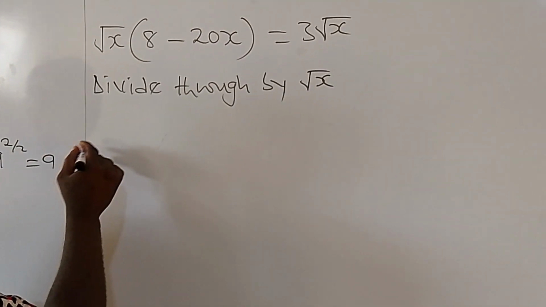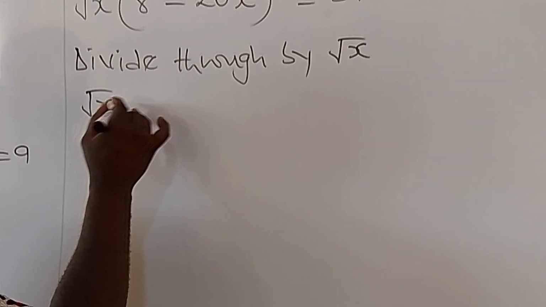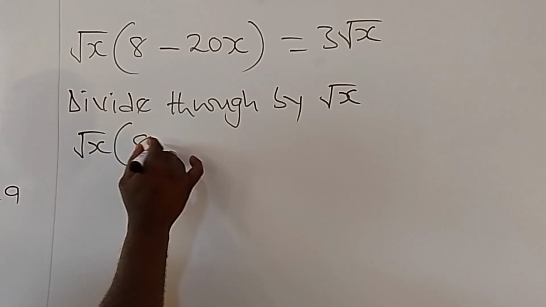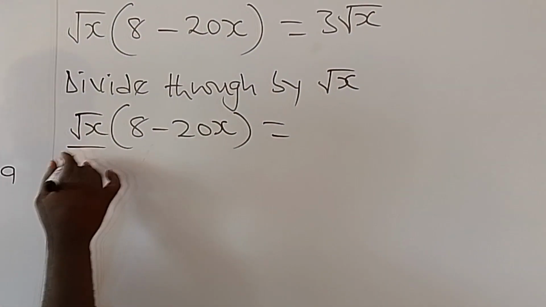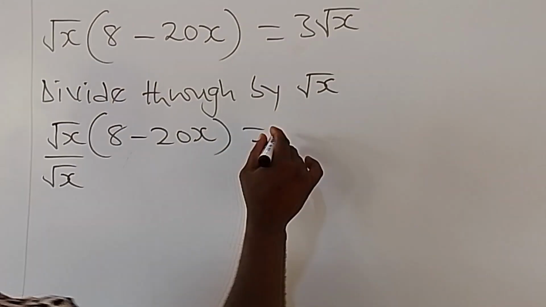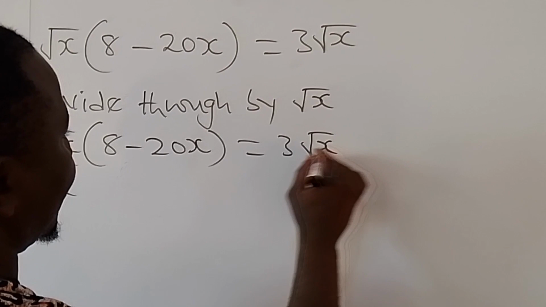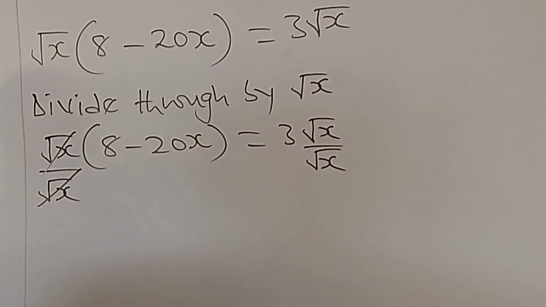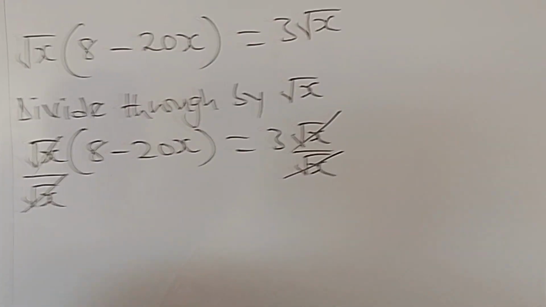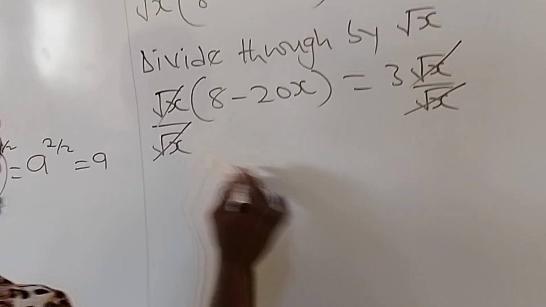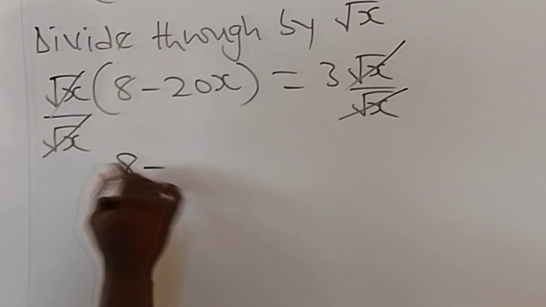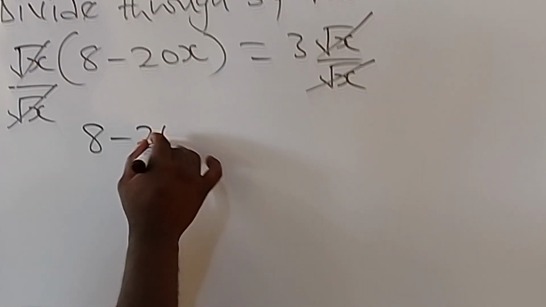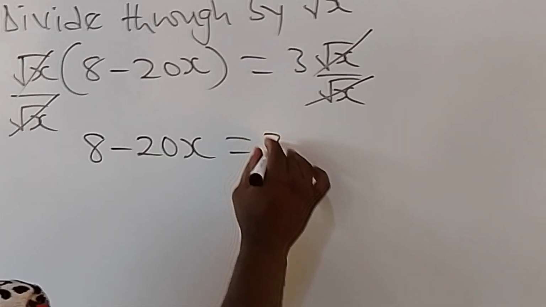Here will be root x, all in bracket, 8 minus 20x, equals 3 root x, all divided through by root x. True or false? This and this will go, and this will go. So the left hand side will have 8 minus 20x equals 3.